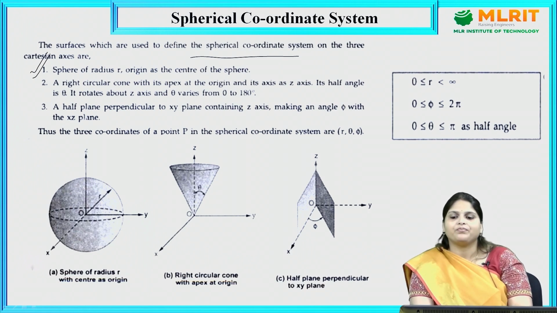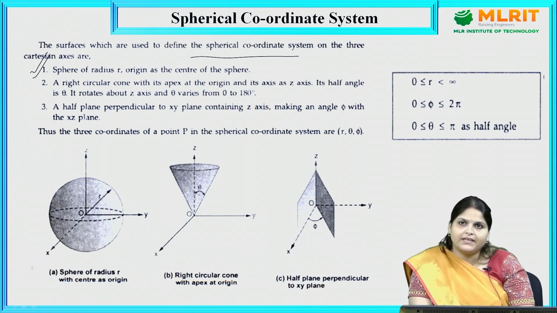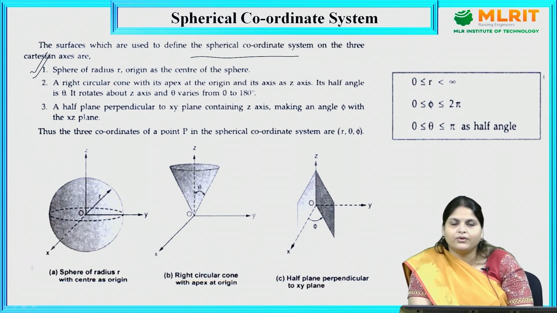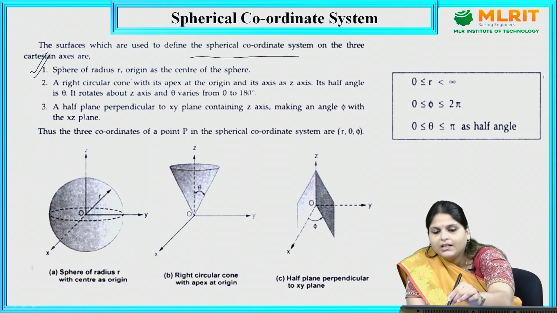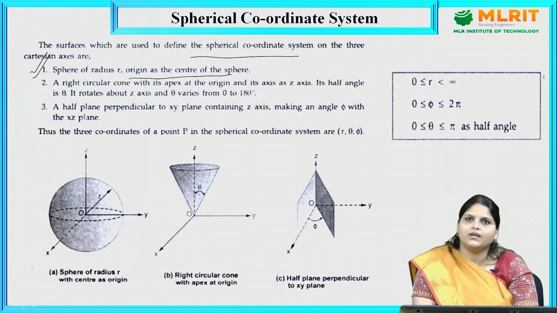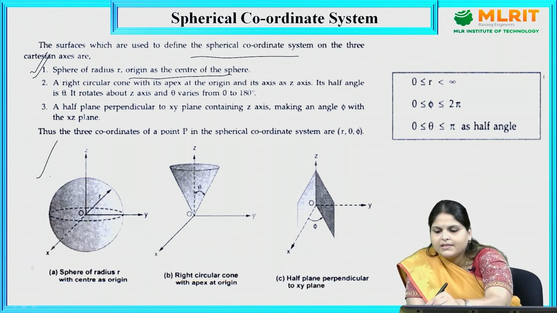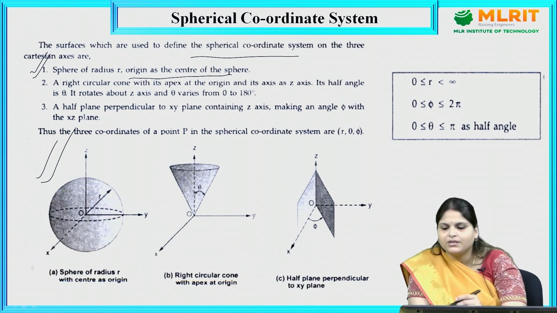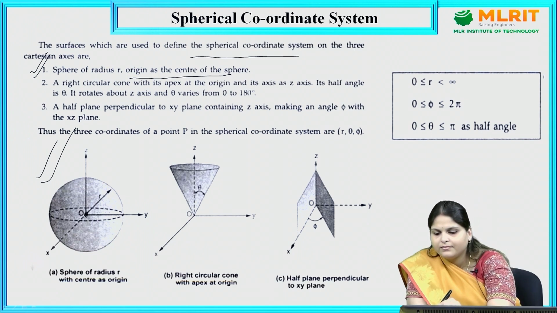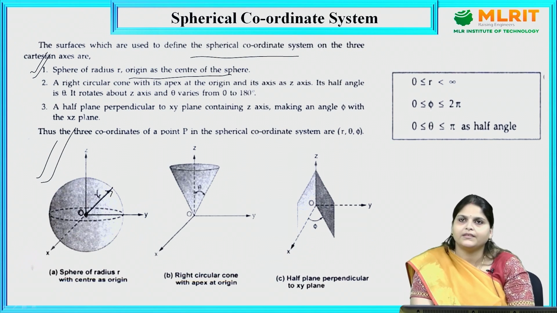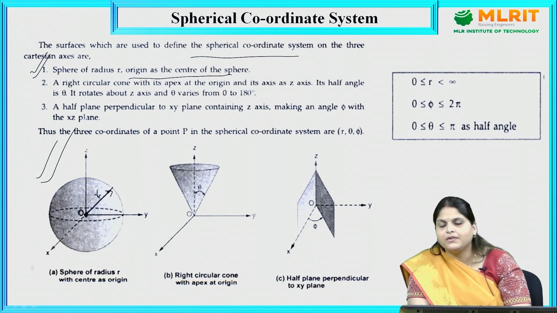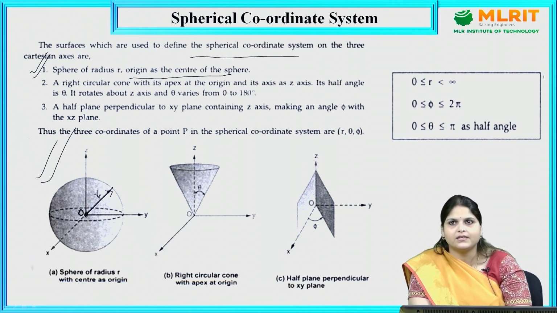First one is a sphere of radius r, where the origin would be the center of the sphere. So this is the origin, and as we say, we need a sphere of radius r, right? So this is the first element which we need to form a spherical coordinate system.